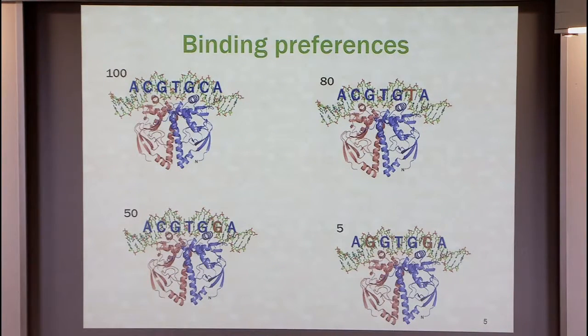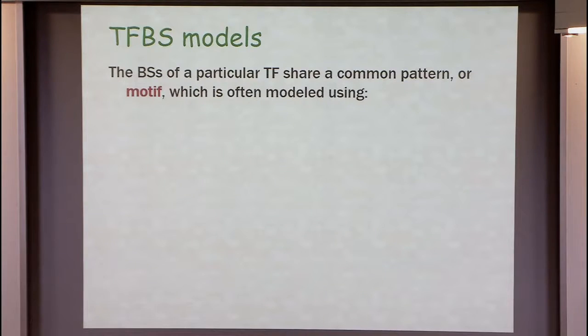and the intensity is the background binding. So what we would like is to have a model that will be able to give us an ability to predict the binding site and intensity for genomic sequences or DNA sequences in general. So what are the computational models that are common and used to represent the binding preferences?